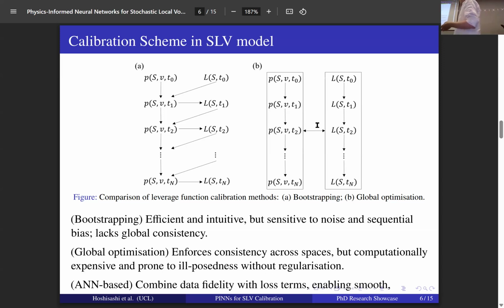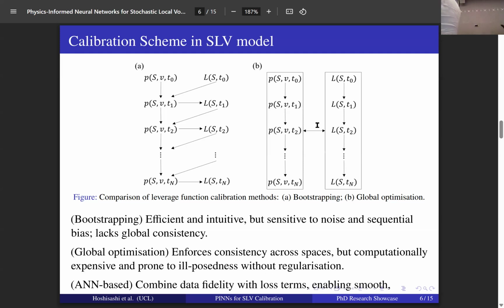We don't know P or L at any future time point, but we only know P today because it's just one at this point. Then we can reproduce L today, and then we assume that L does not change by the next time step point.